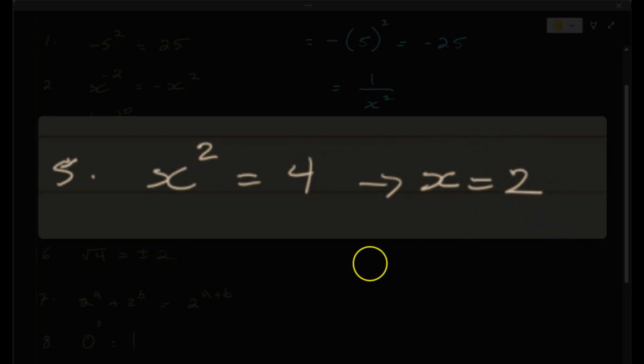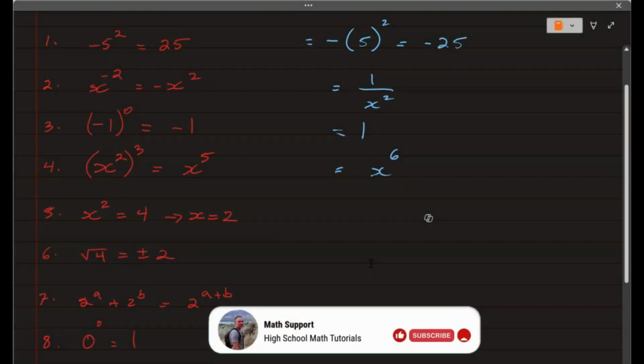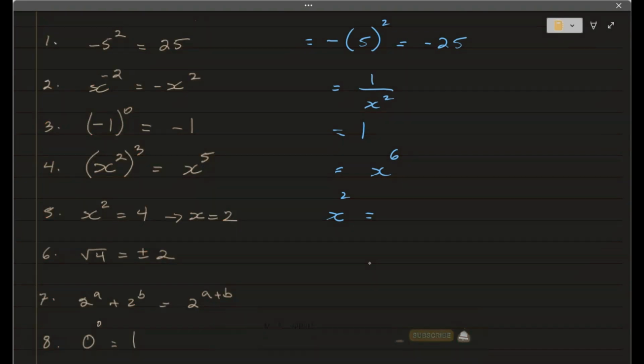This equation has two solutions because when you take the square root of x squared, the answer is the absolute value of x. That means in this case, you have plus or minus the square root of 4, and that will be plus or minus 2.